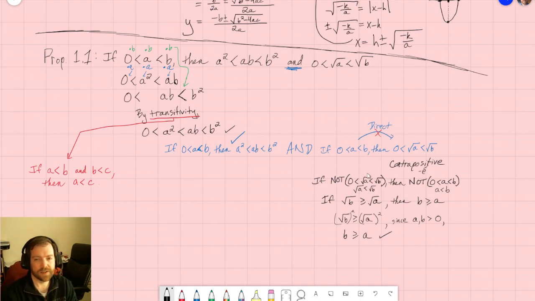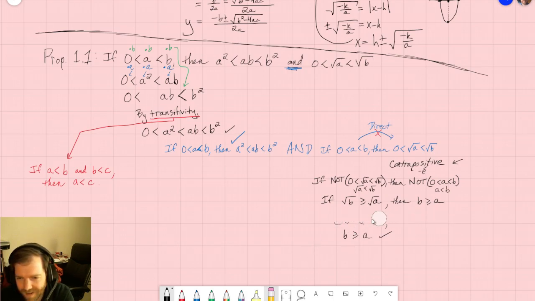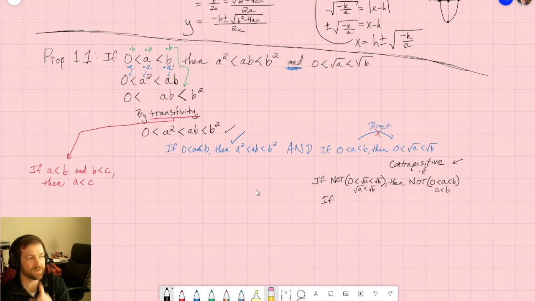So this is the thing with contrapositive. What we're saying is that we're going to assume the opposite. So we start by saying if this is not true: square root of a is less than square root of b is false. That means that the square root of b has to be greater than or equal to the square root of a. Now wait, I did that backwards, didn't I? Okay, so we have to assume the opposite.